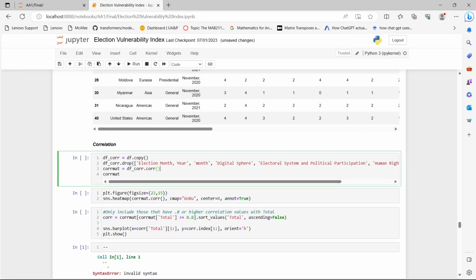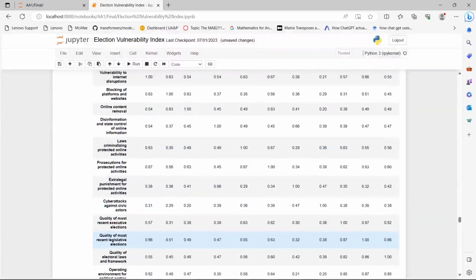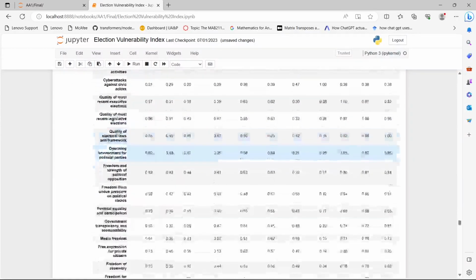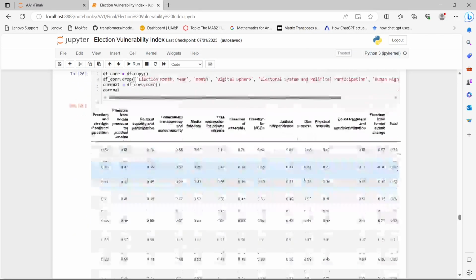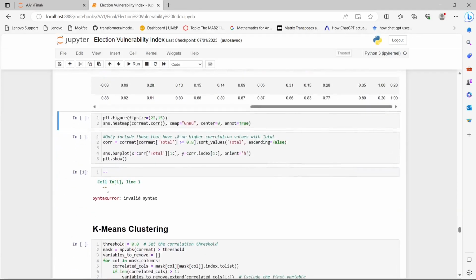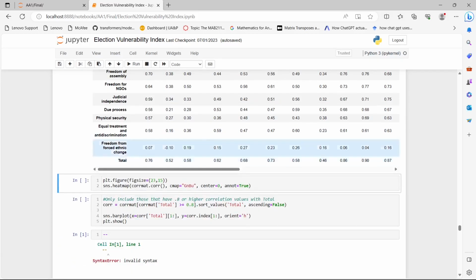Election month, we don't need it. Year and month, of course, we don't need that. So let's see. We have these different values, which are very tricky because it's very long and not friendly to the eyes. So we are just going to make a visualization of this.